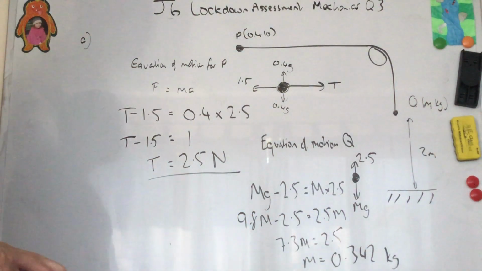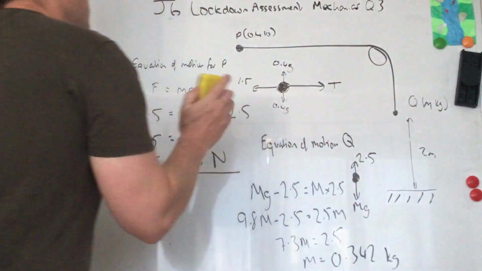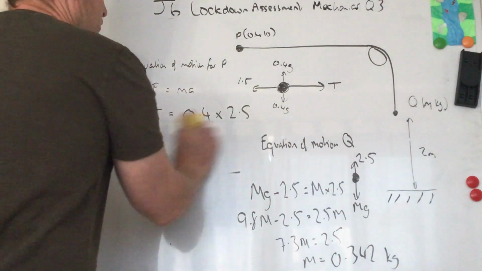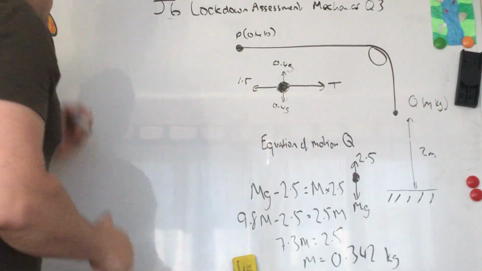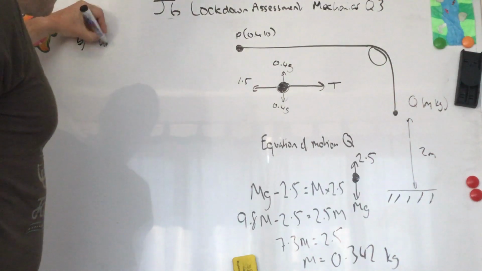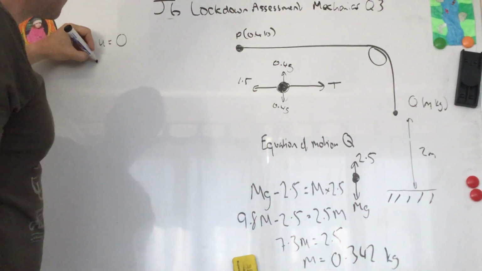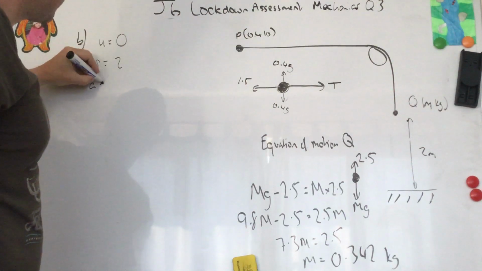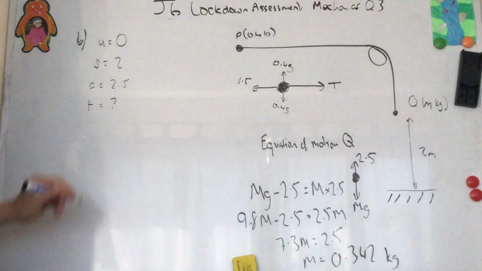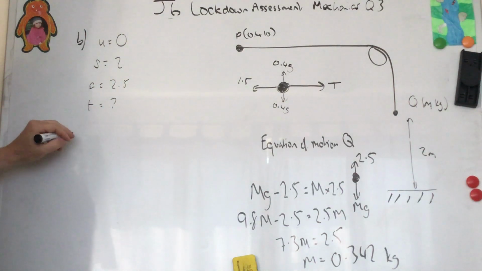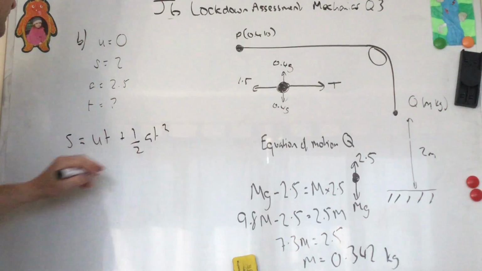Right, find the time after release for Q to hit the ground. So we're moving into SUVAT territory now. So part B, we know it starts at rest, so U equals 0. We know that it goes down 2 meters, so S equals 2. We know the acceleration is 2.5, and we want the T. So we're using S equals UT plus half AT squared.